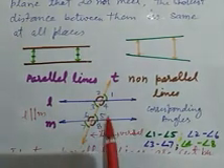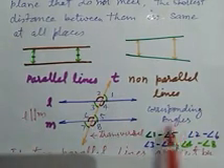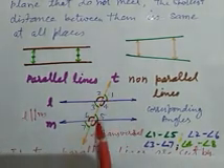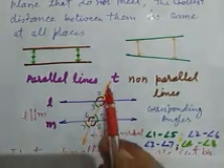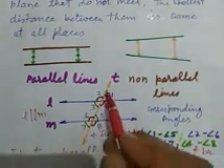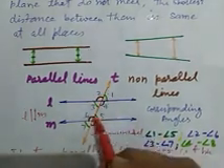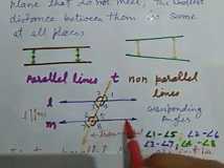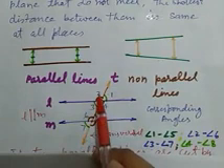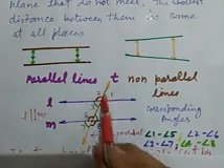Now, as we learned in our previous session, here angle 1 and angle 5 are corresponding angles. As we can see, both of them make a flag, like this, an inverted flag. Same with angle 2 and angle 6, which also make a flag.